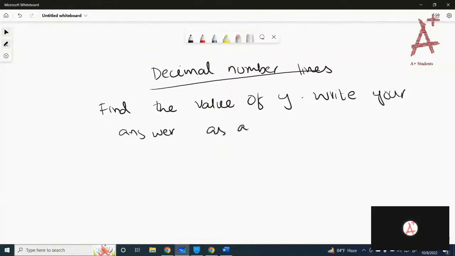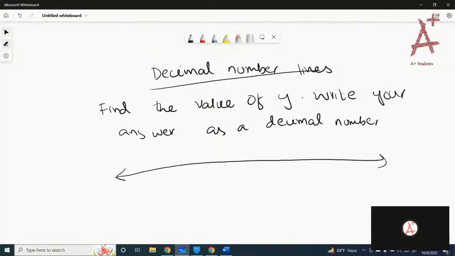We know that the number line is just another method to represent numbers. The first one is 0 and 1. Then you have 1, 2, 3, 4, 5, 6, 7, 8, 9. Then 1, 2, 3, 4, 5. Here you have y. You have to find the value of y.